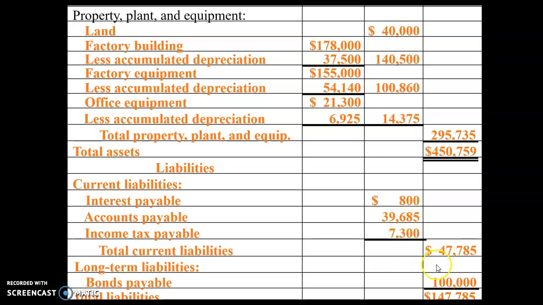Add those up, we get the total current liabilities. We have our long-term liabilities, bonds payable, that maybe takes us 10 years to pay that off. We add our total current liabilities and our total long-term liabilities, and we get grand total liabilities, $147,785.